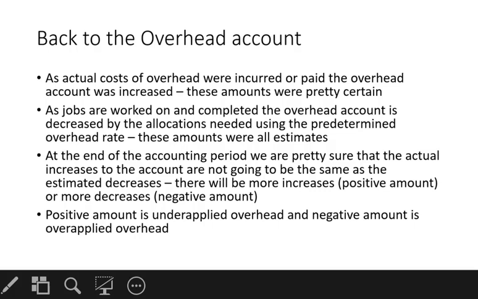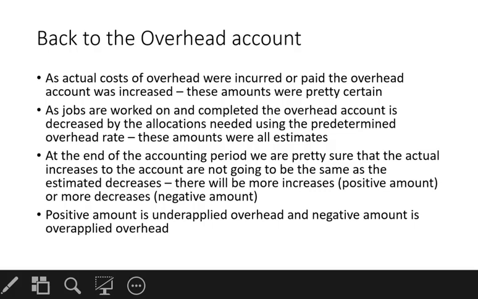So there's going to be either more increases than decreases, which means it's positive, or a debit balance, or there's going to be more decreases than increases, and there's going to be a credit or a negative amount, okay? We call the positive debit balance under applied overhead and the negative or credit balance over applied overhead, okay?